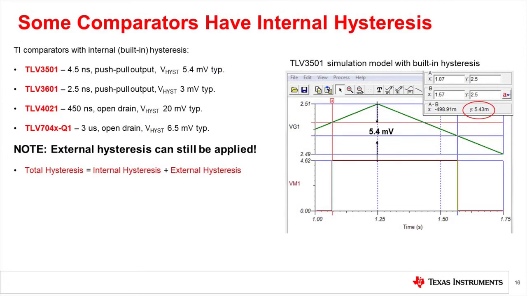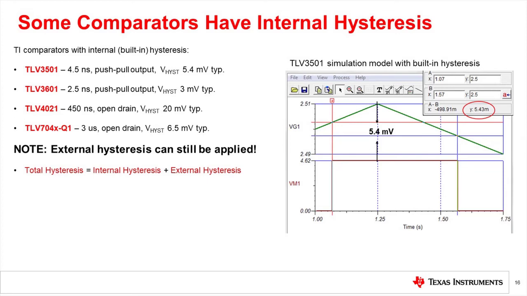Some of our comparators at TI have internal or built-in hysteresis, but in general the amount is normally just a few millivolts, which could be enough if you only expect a small amount of noise in your system. This list gives some examples of comparators that have this internal hysteresis.